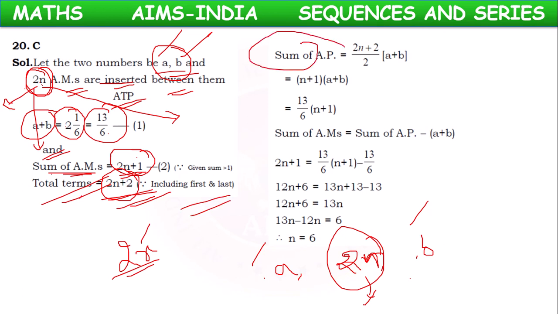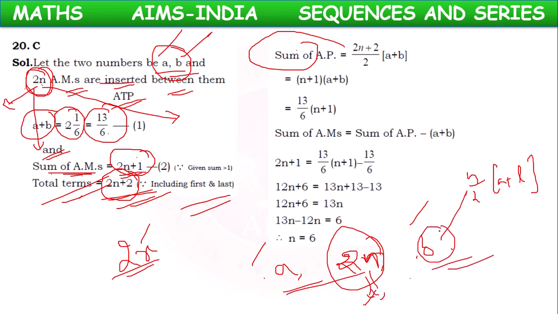So the sum of AP formula we have is n by 2 into (A plus L). As we are inserting 2n arithmetic means between A and B, the last term will be considered as B. So in place of n we have 2n plus 2, so n by 2 becomes (2n plus 2) by 2.